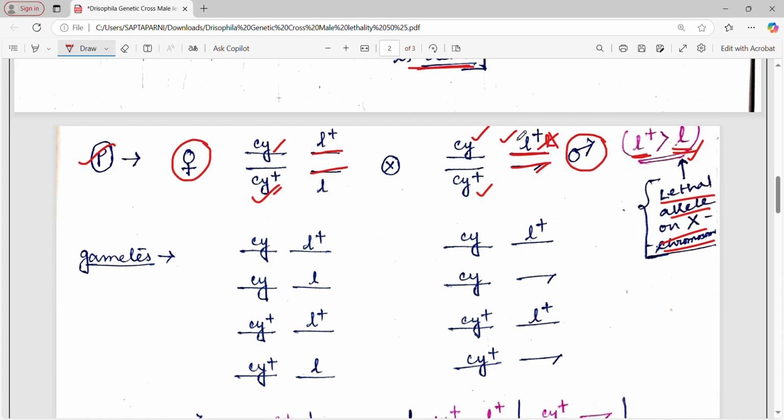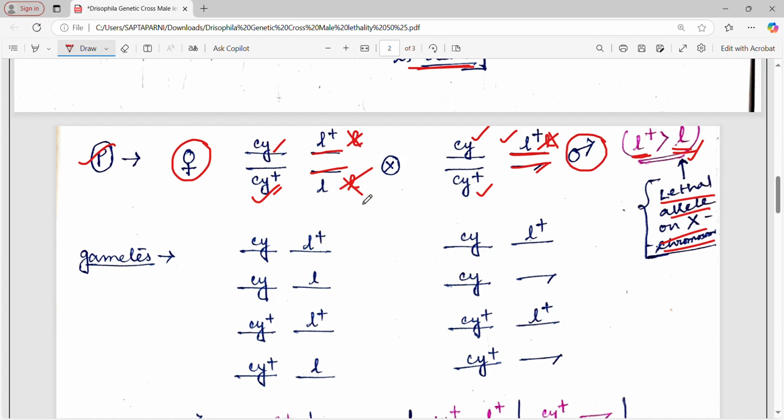Now for mother too, we can put l on both the X chromosomes. But we will not put that, because if both the X chromosomes carry l, then in homozygous recessive condition mother will also get dead. So we cannot put l on both the X chromosomes. But we need to kill the F1 generation males.